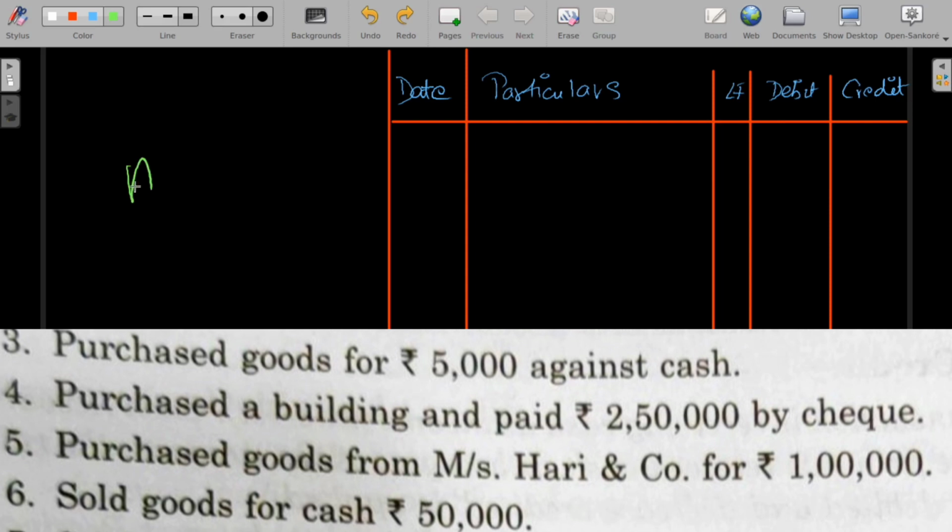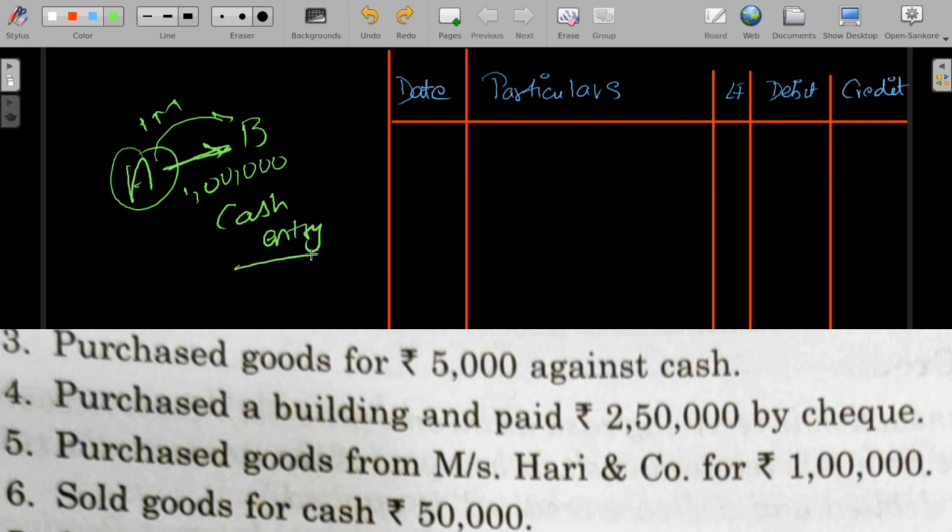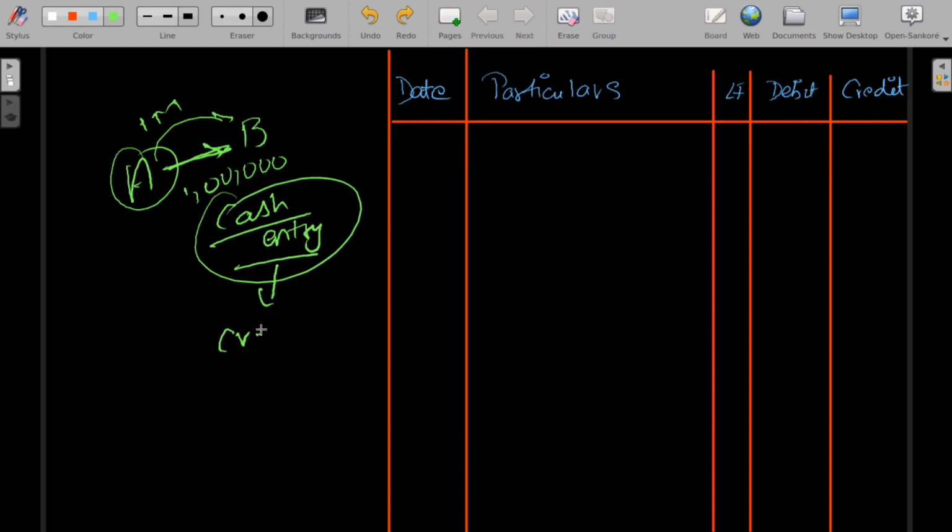When A purchases goods from B for 1 lakh and pays after 1 month, it means he has taken goods on credit from B. So there will be no cash entry. Instead, you will be putting your creditors entry, which they have given as Hari and Co.